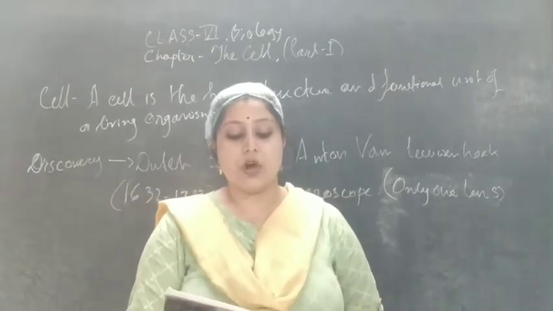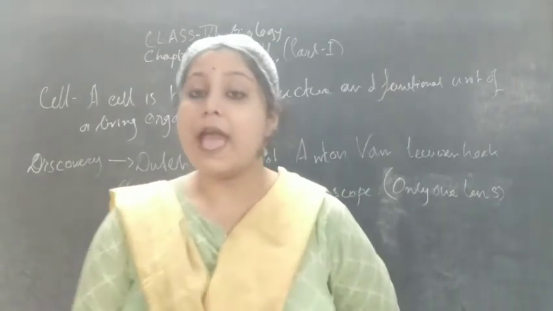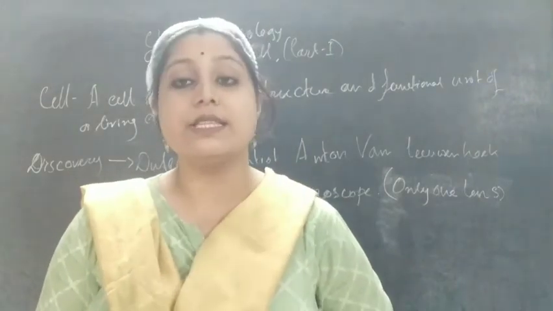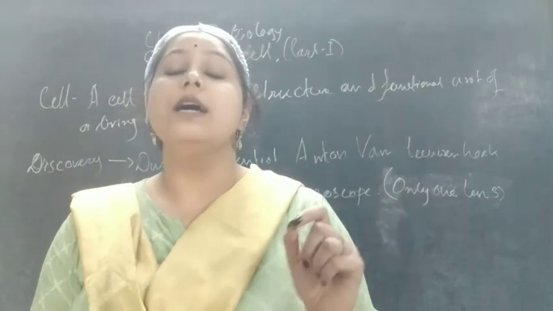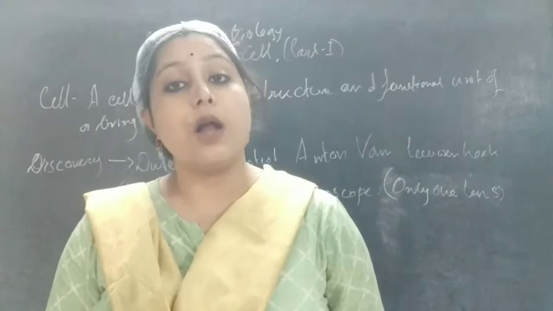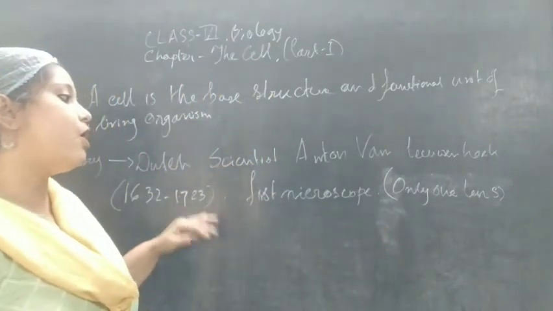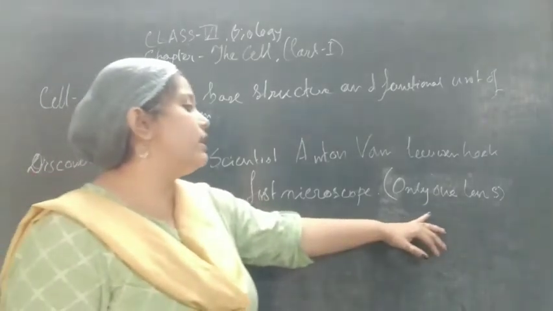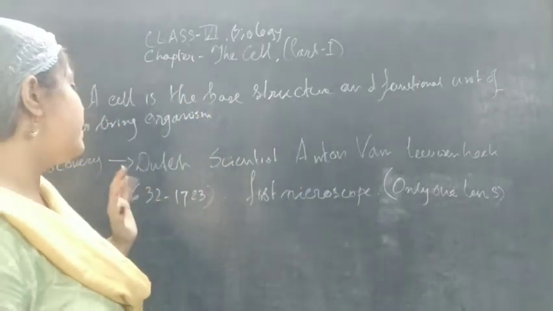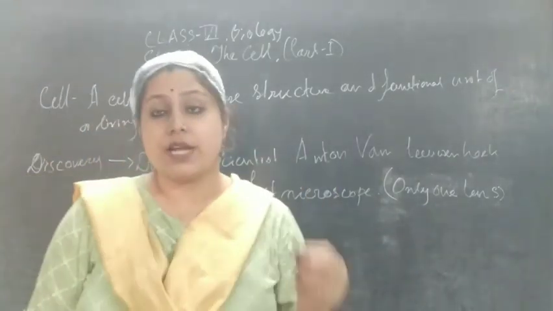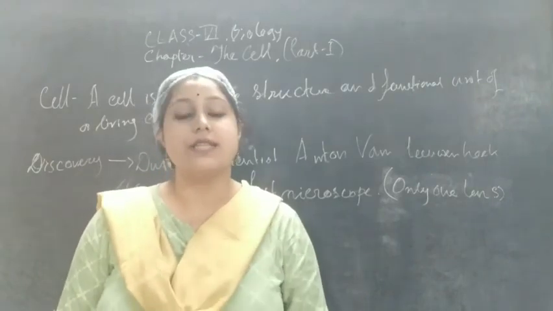However, he did not call them cells, as they did not know that it is the function of the cells, or that these small parts are called cells. That is why, as he saw the cellular structure through his one-lens microscope, he couldn't recognize it as the cell.